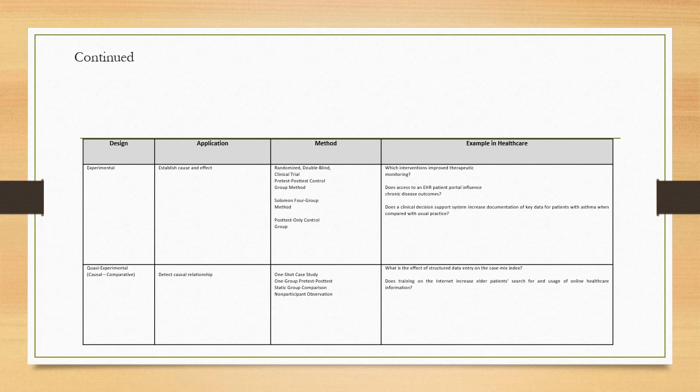So, this table gives us an example of research design in healthcare and health informatics, the application of this research and the method that they use, and some examples or research questions regarding healthcare.